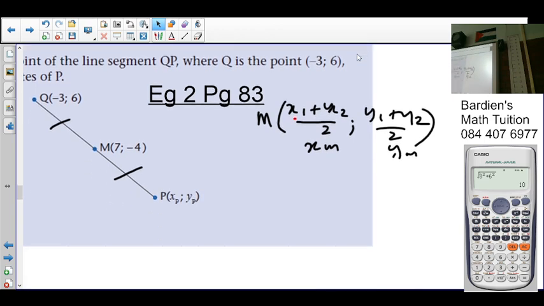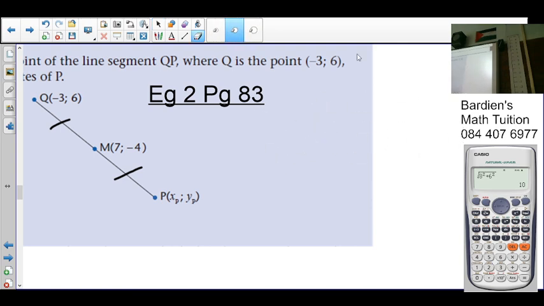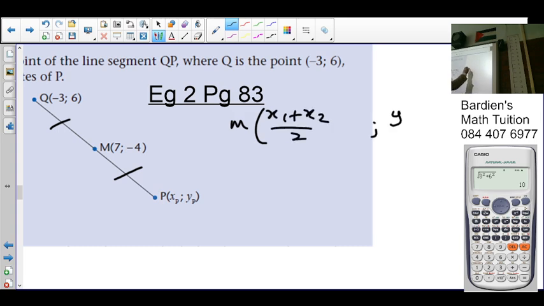With that information, we're going here now. So x1 plus x2 over 2 is equal to x mid. Remember, the midpoint is going to be x1 plus x2 over 2 and y1 plus y2 over 2.